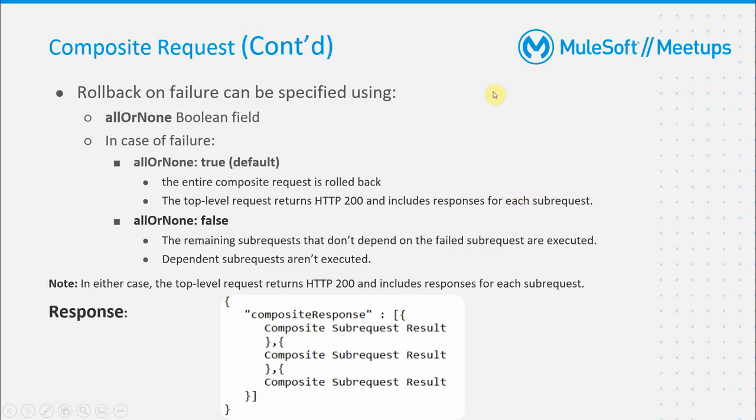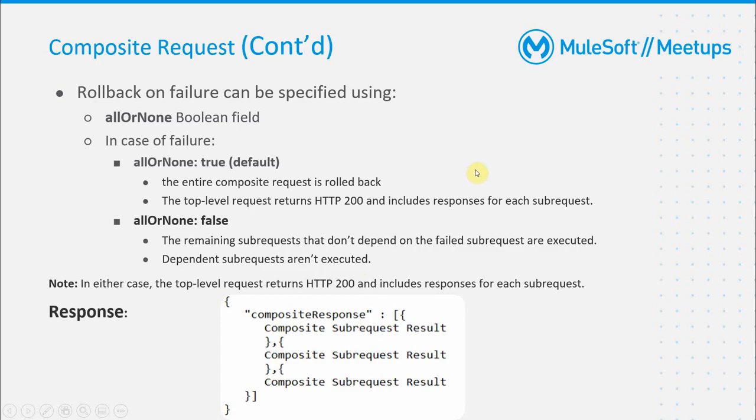What if the first failed, and you have allOrNone as false? The second, since it uses the reference of that first sub request, should not execute. It will skip that, and it will have an error as well, saying why it failed. It says dependent sub requests aren't executed.